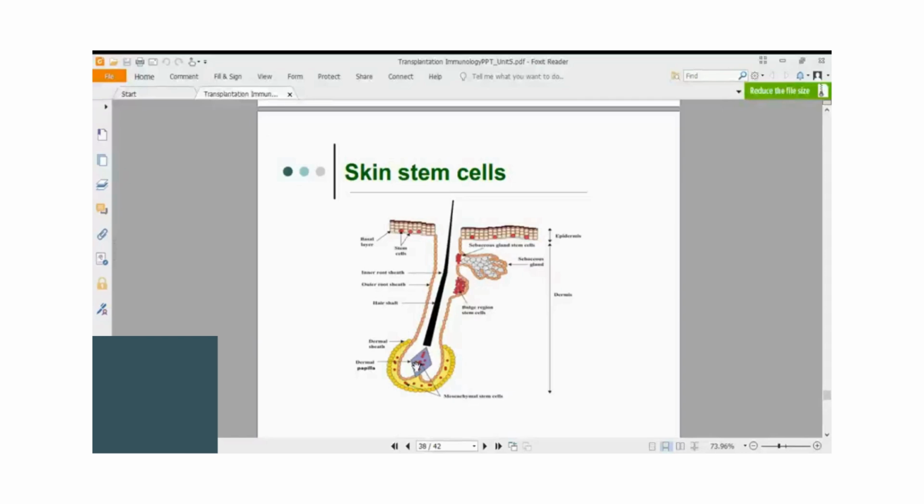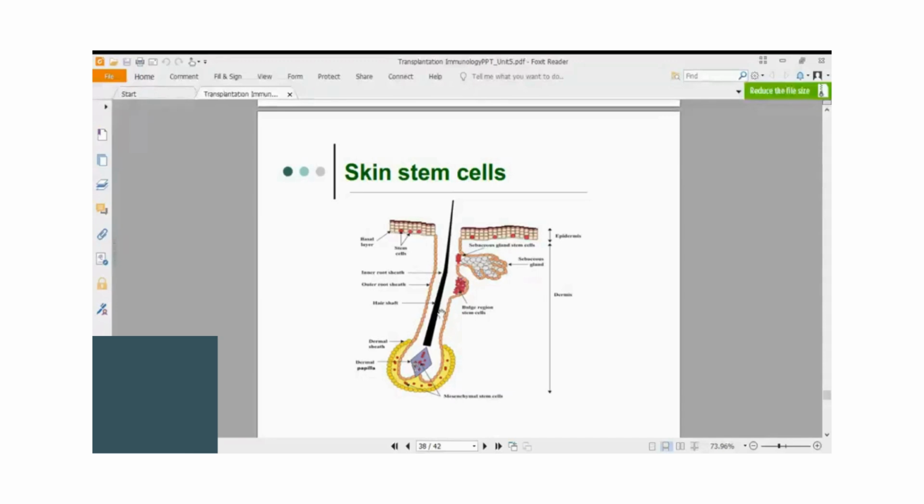So if one can get stem cells from the skin of a person, it is easy to harvest and grow them, and then give back the desired organ repaired, whatever is required for the person. Autologous transplantation can be done, which will not be rejected, because it is obtained from the same individual.